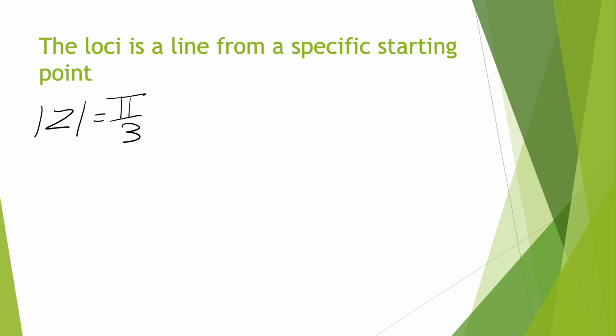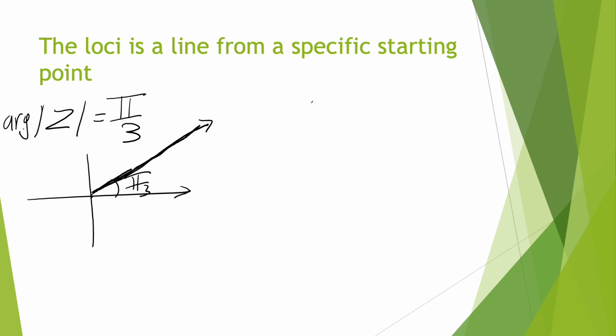For this one here, because you only have the complex number, the starting point is 0, 0, and pi over 4 is your argument. So the argument, remember, is measured from the real axis to the line. So your locus is this.